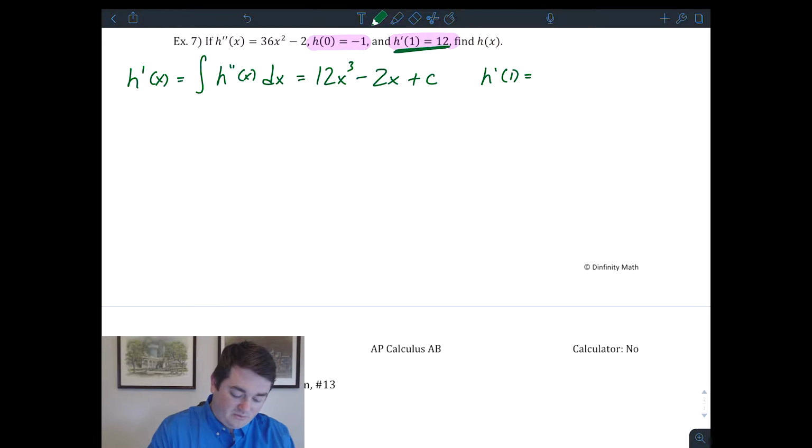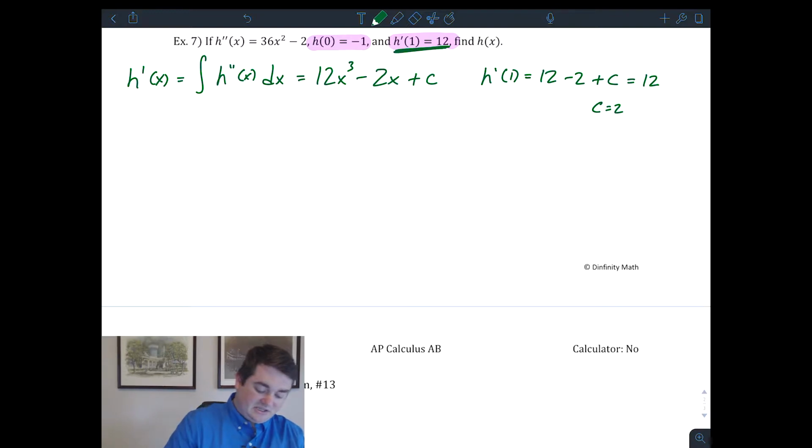H prime of 1 would be 12 minus 2 plus c has to equal 12. Well, 12 minus 2 is 10, plus 2 is 12, so c is 2. So I know that h prime of x is 12x cubed minus 2x plus 2.